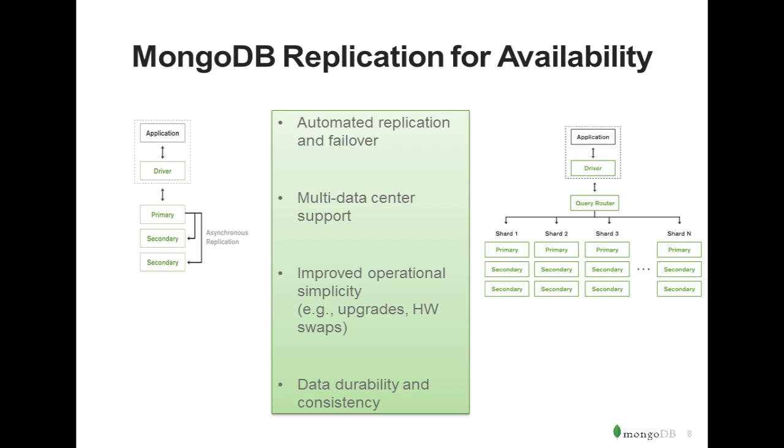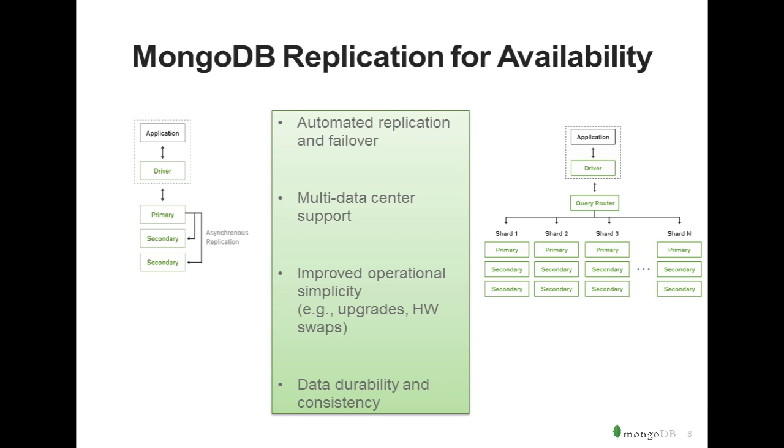So let's discuss solutions around availability. In MongoDB, replication is what we use to provide redundancy and increase the availability of data, right? Replication helps you create multiple copies of data. We call these copies replica sets, and you automatically synchronize changes that you make to the primary copy of the data to other members of the replica set.